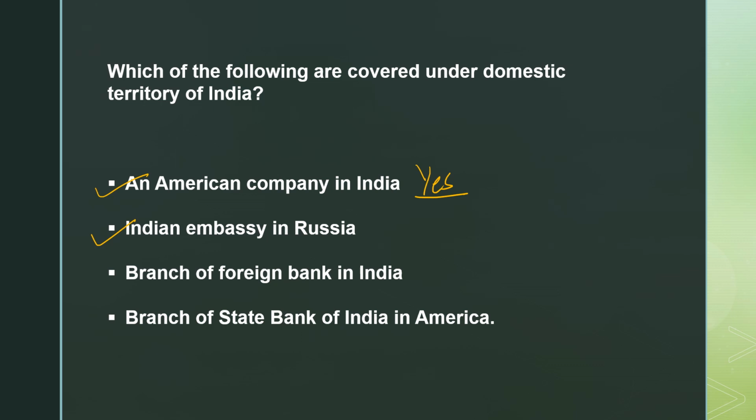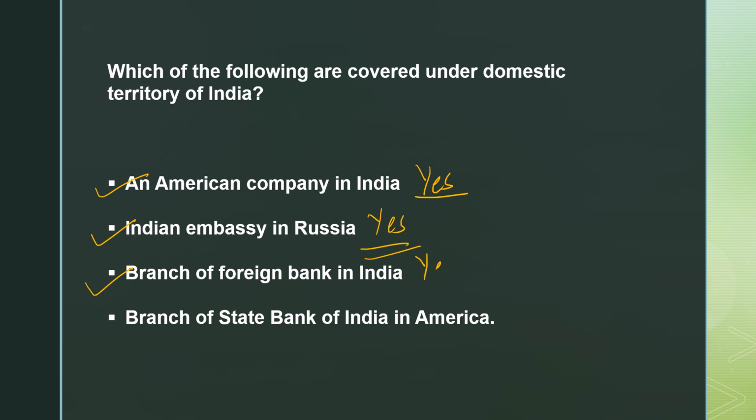Second comes the Indian embassy in Russia. Yes, an Indian embassy, Indian consulate or Indian military establishment located abroad would be considered as domestic territory of a country. Third is a branch of a foreign bank in India. If any foreign bank is in our country, do you think that would be considered as domestic territory?